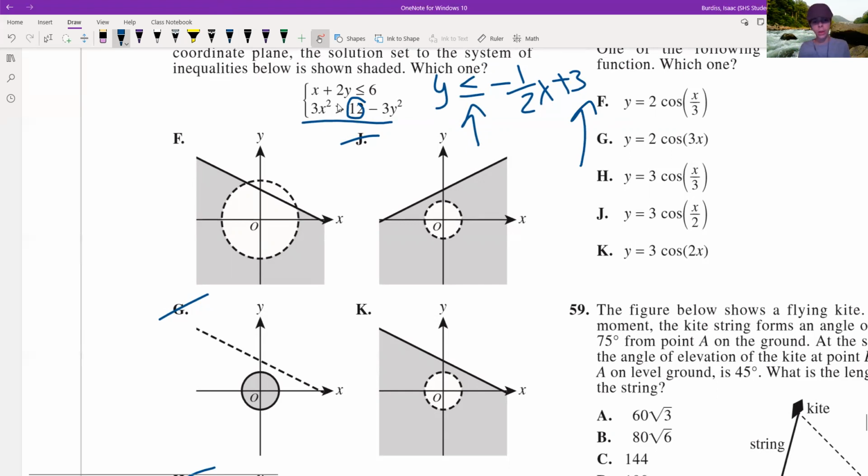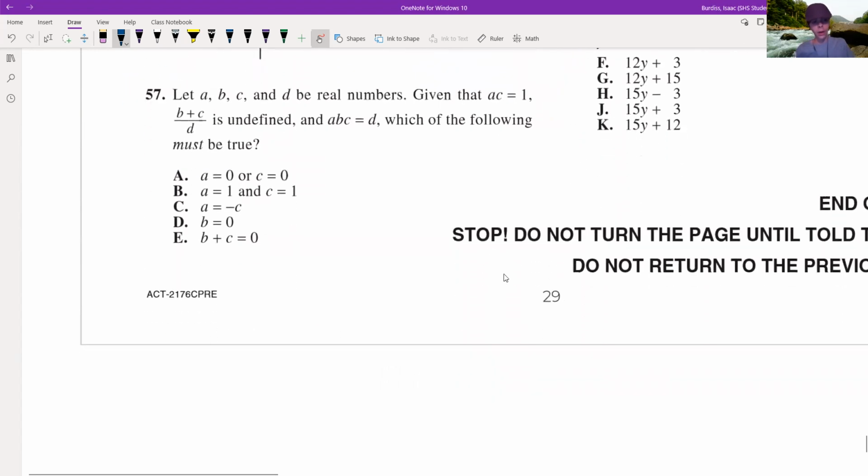The radius would be the square root of 12, which is, how do you do square root? Okay. I hate these things. You have to type in 12 and then square root. 3.46. So the y-intercept for the circle is above that. So that's F. All right.